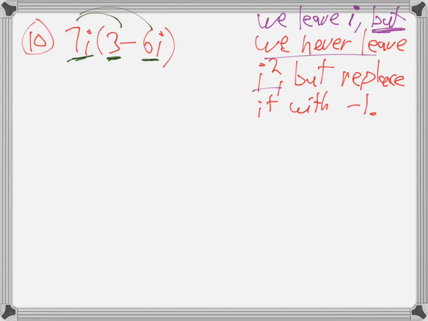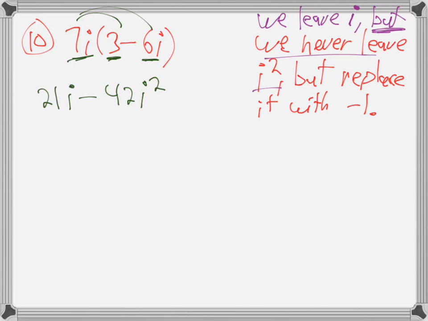7i is going to multiply those two. So 7i times 3, 21i minus 7i times 6i, 42i squared.